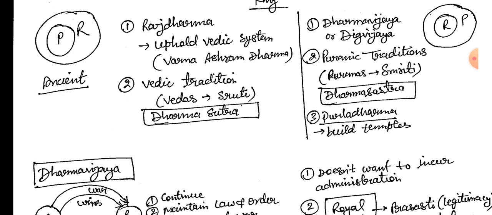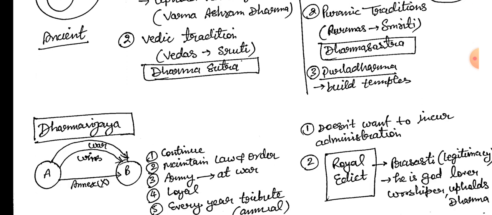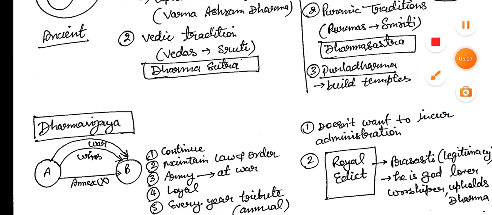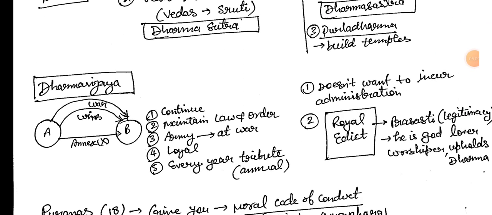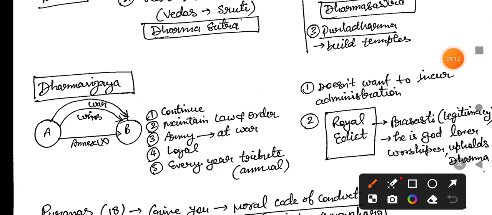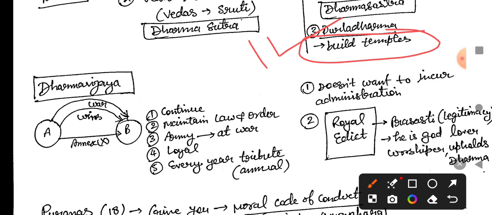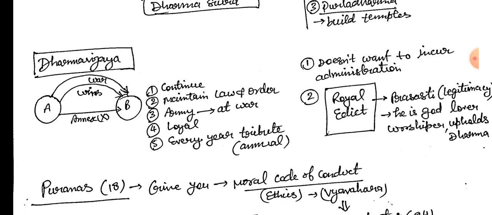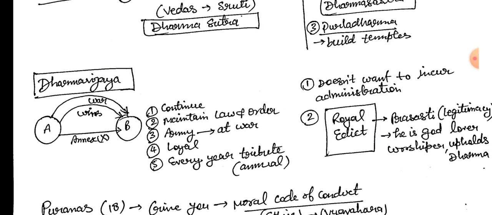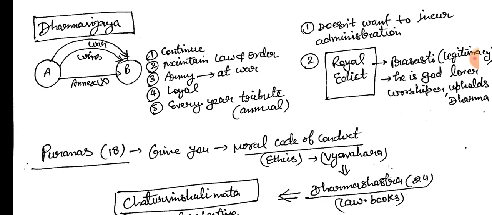These are the differences between Smriti and Shruti. Next is Purtadharma. Purtadharma means that any individual who builds a temple will secure the welfare of his ancestors in heaven. Every individual will build a temple for his ancestors, his clan or descendants.